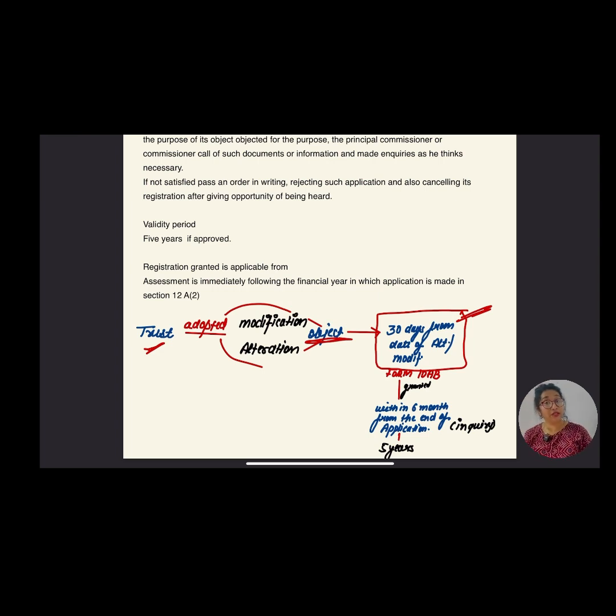Now what is going to be the time limit here? Within how much time is the principal commissioner going to grant the application? Here, within 6 months from the end of the month of application, the same thing, but this was a different time limit. Let me say it again.